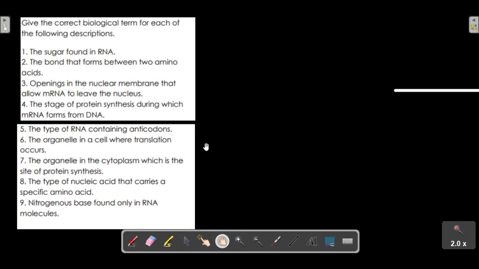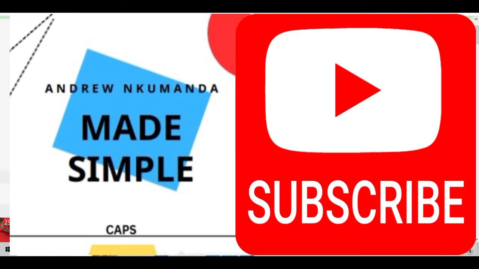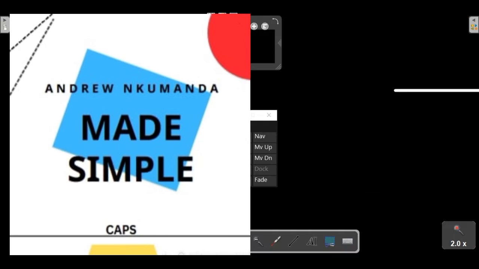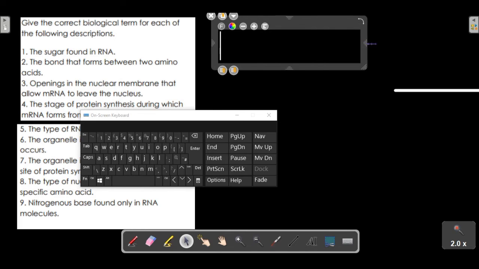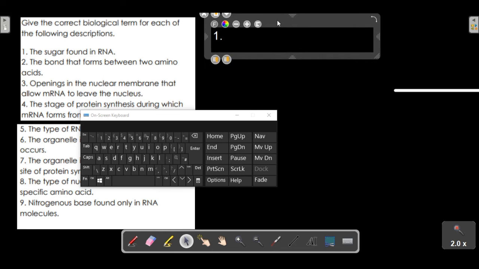Now what we have to do is finish this up with activities. Let's start with the first activity. This looks like give one word. Yes, it is actually. This is where you should score your marks, guys.